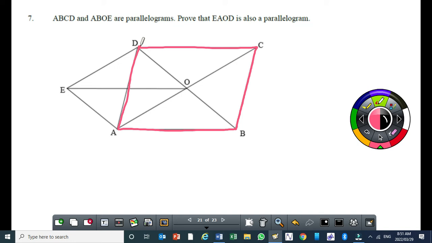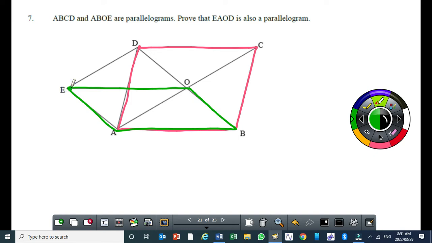Then we have got ABOE. Okay? So ABOE is that. That's also a parallelogram. Which means all the properties of a parallelogram, we can use them for those two.